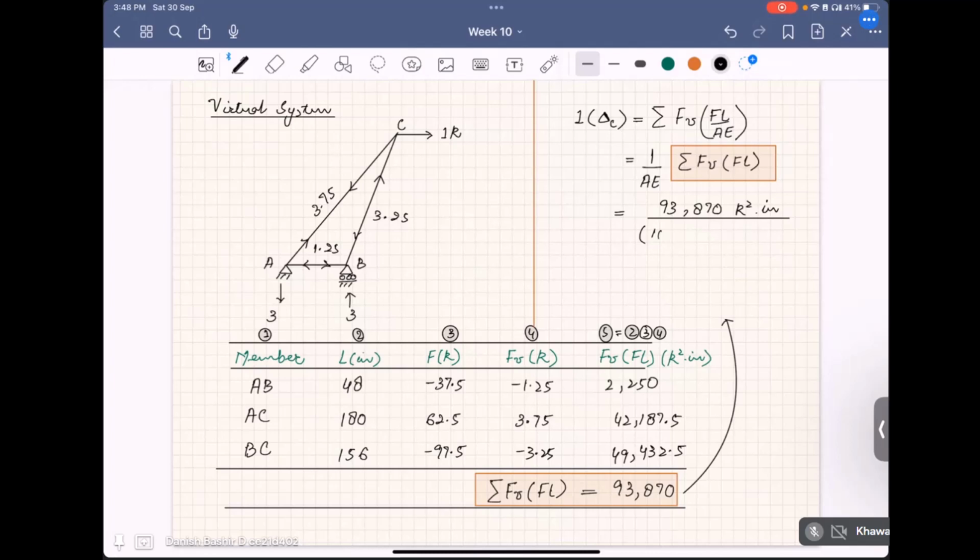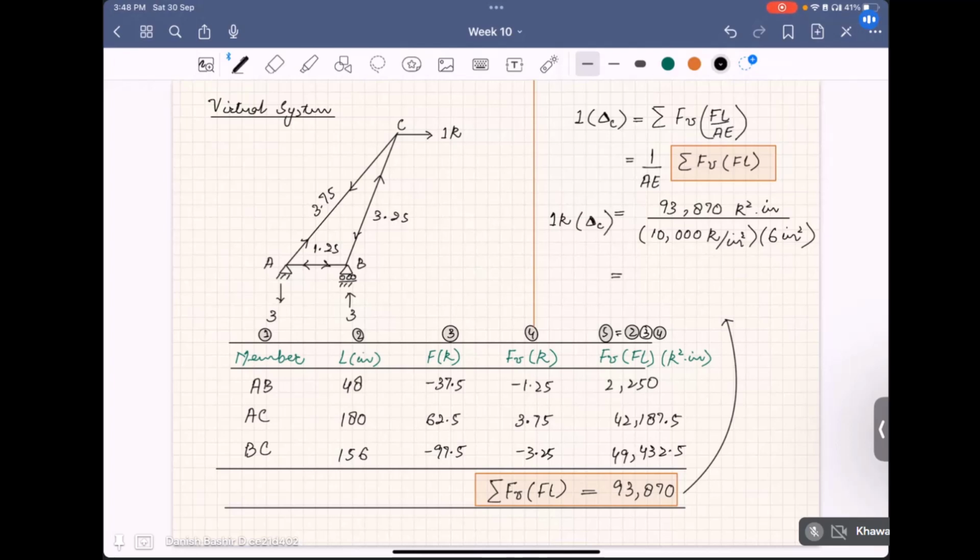E is actually 10,000 kilopound per inch square, this is the unit of pressure, times 6 inch square, which is the area of each member. So what I will get from this is 1 kilopound from this delta C.